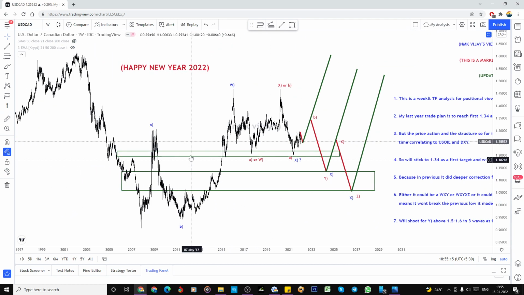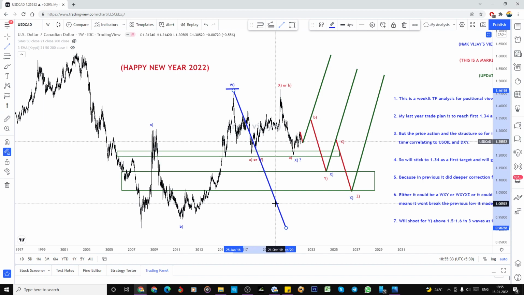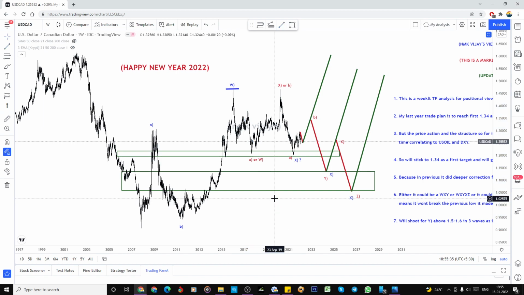This is the one impulsive wave A, and this is the B, and the C is already completed here, and that is the continuation for the upper side that I'm expecting. If this is the end of the trend and we are in the downside, then I need that impulsive wave of 5-wave structure.